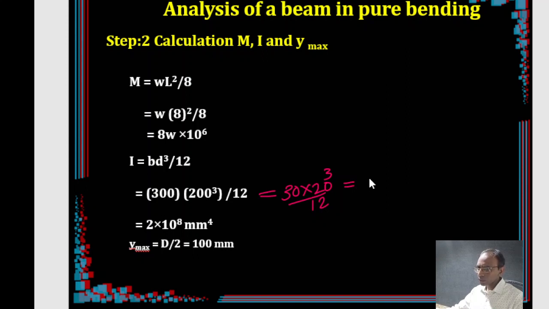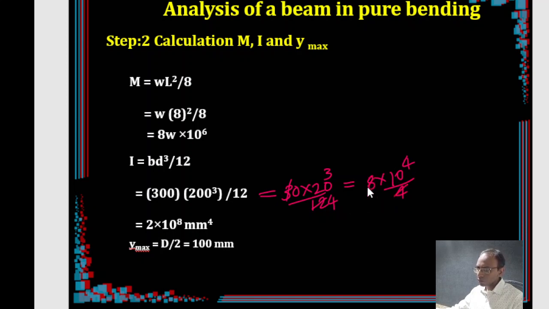If you calculate that, you can simplify. This is 3 by 4, so that is 4 times it goes, and here 2 cube means 8, so 8 times 1000, or 10 to the power 4, divided by 4.